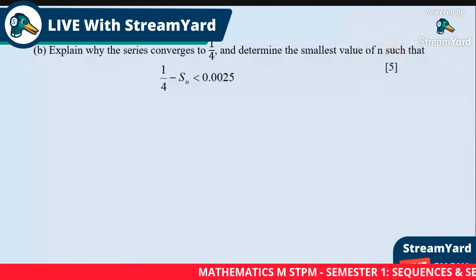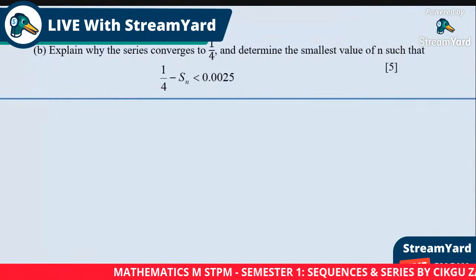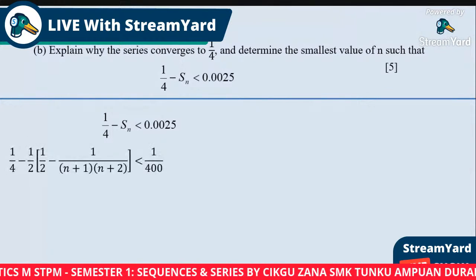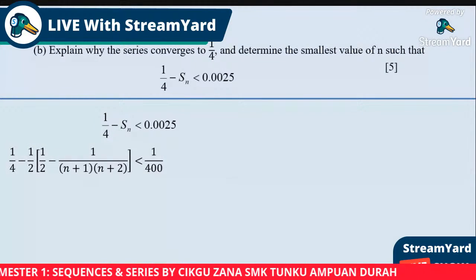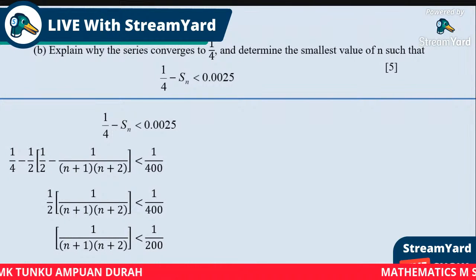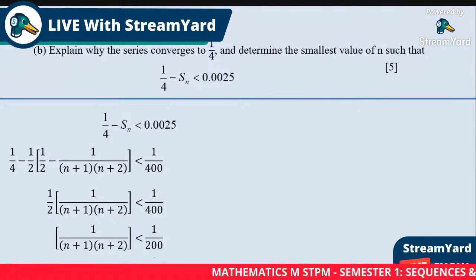Now find the smallest value of n. So far so good; everyone substituted correctly, up to here is correct. But after this, notice that this is a rational function.